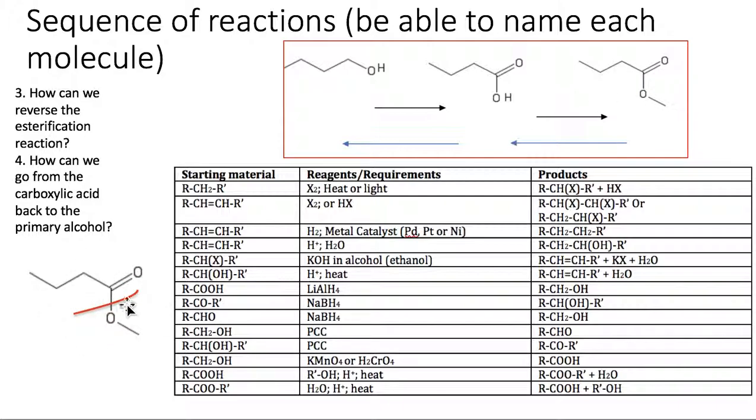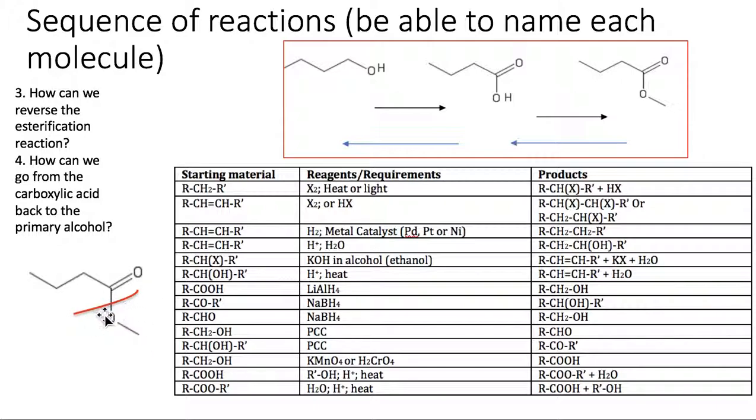So if we do an esterification reaction, this will be the last one, okay? It's because you're starting with an ester. So we're starting off with an ester, and we want to go back to our what? Our carboxylic acid, but we will also have an alcohol because we're splitting this ester up.